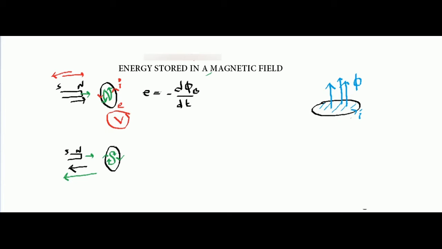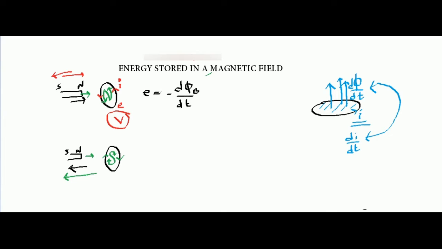Now if I change this current, so if I make di by dt, then what will happen? The flux linked through this wire is going to change with time, and both are directly proportional. So the more the change in current, the more will be the change in flux.